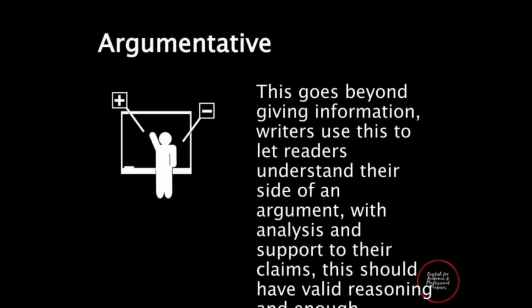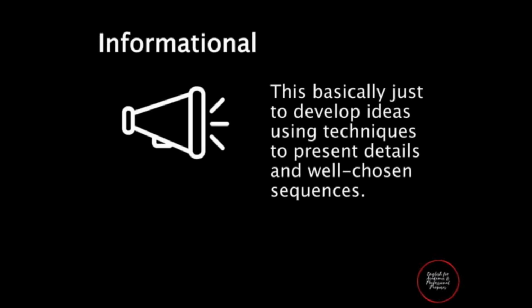Third is the informational. Okay? So this is basically just to develop ideas using techniques to present details and well-chosen sequences. For example, the news is an example of informational that writers do in a newspaper.